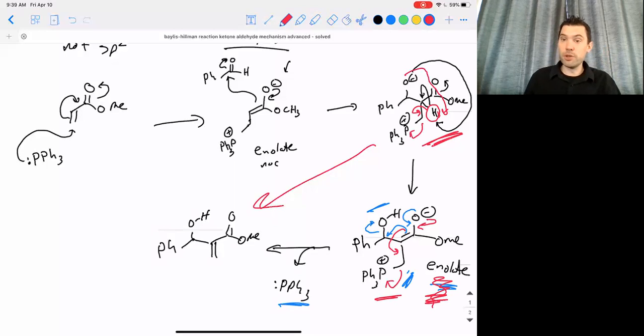And so I would encourage you, even though there's nothing technically wrong with this arrow pushing to go directly to the product, it doesn't quite reflect or capture fully the reactivity of the starting material. So I'd encourage you to go through the enolate and draw that extra step. All right, so that sums up this mechanism.